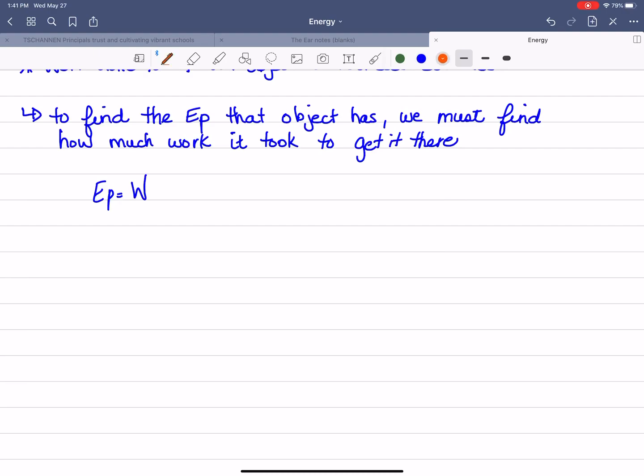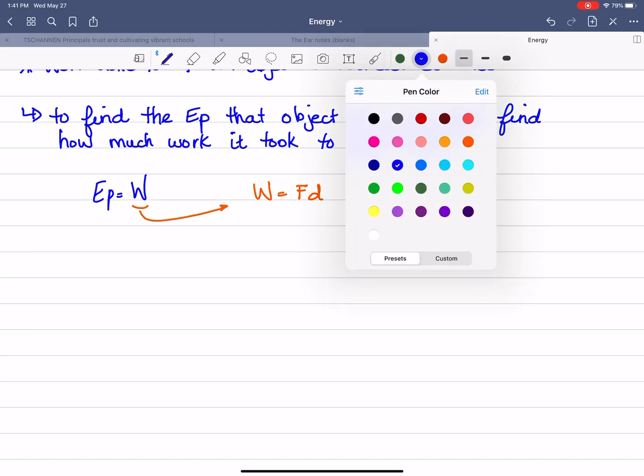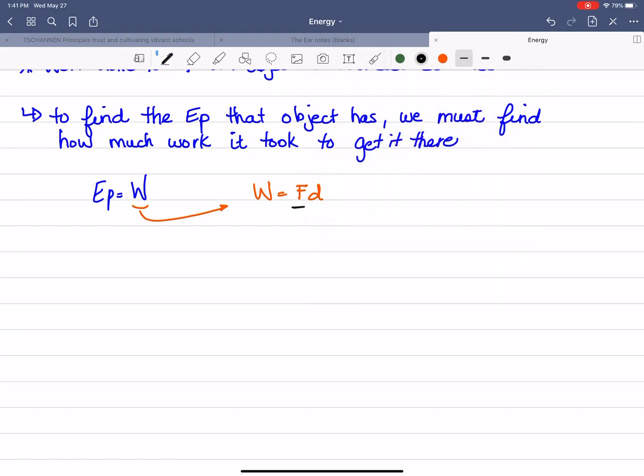Okay. Now work, we did it last time. We said the formula for work was a force times a distance. And then a force, again, we did that last time, is mass times acceleration. But this time we're dealing with gravity.